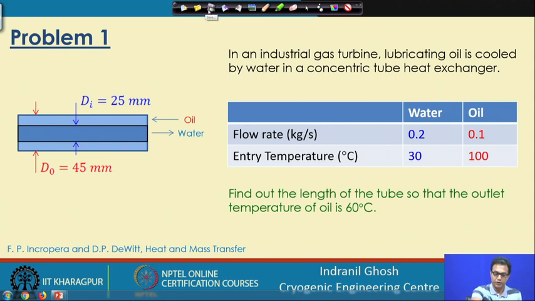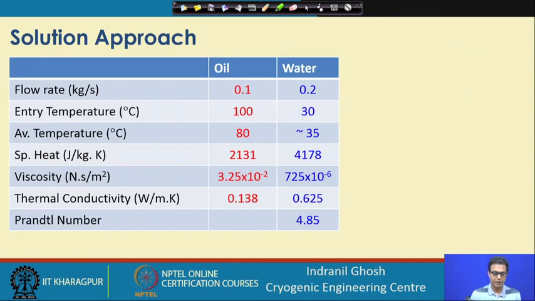So, if we go to the problem statement, we will first find out what are the things that are known and what are the things that we have to find out or assume.